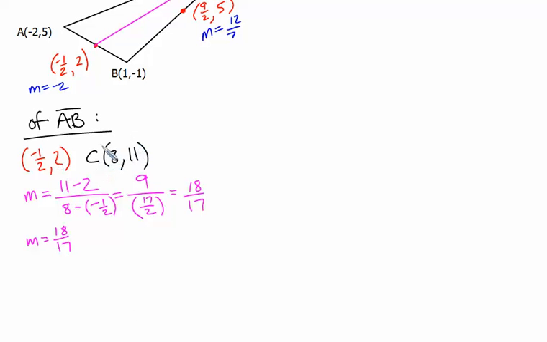Then we take that slope, which is 18/17, and we use either of the 2 points now. I'll go with the one that avoids a negative. It's just easier that way. And we'll plug into y equals mx plus b. The y is 11, the m is 18/17, x is 8 plus b.